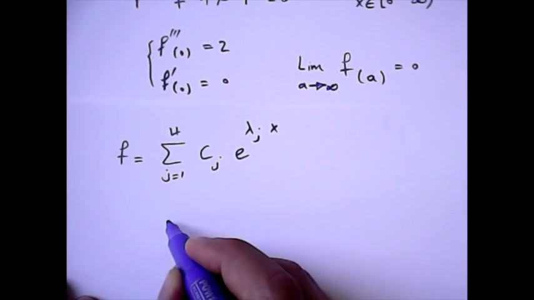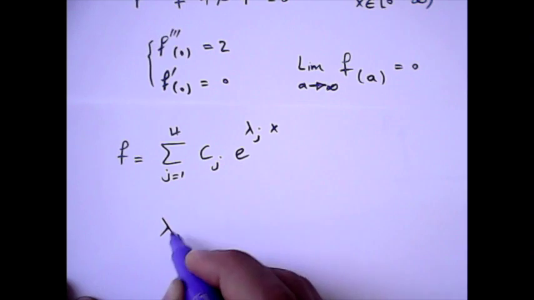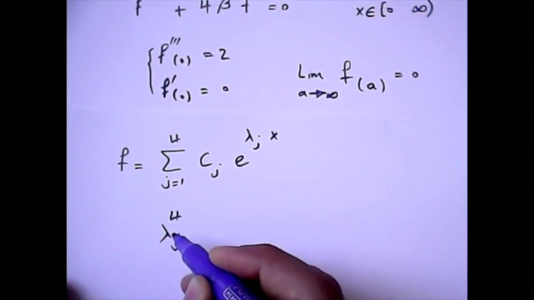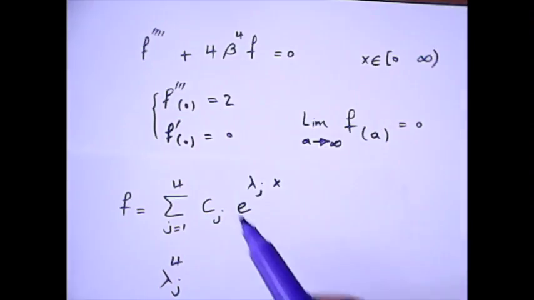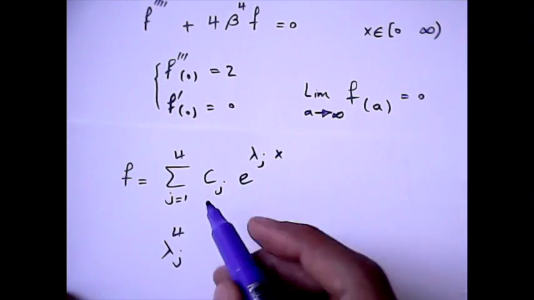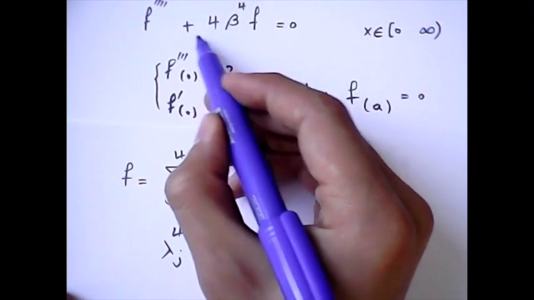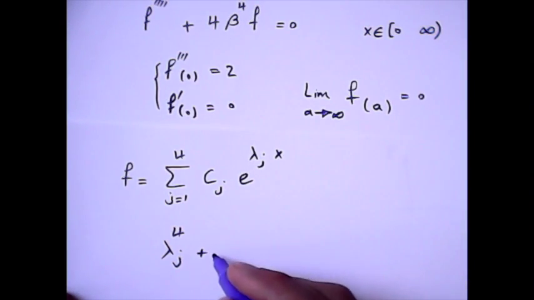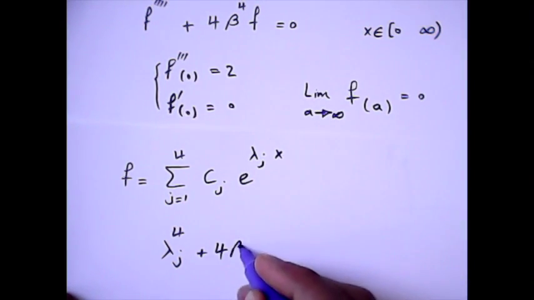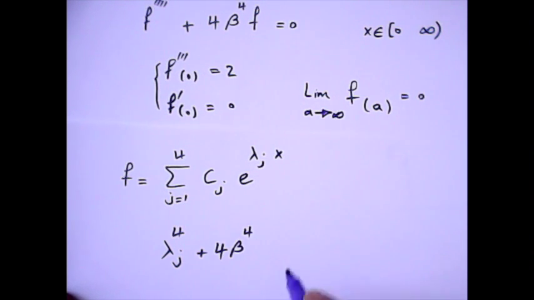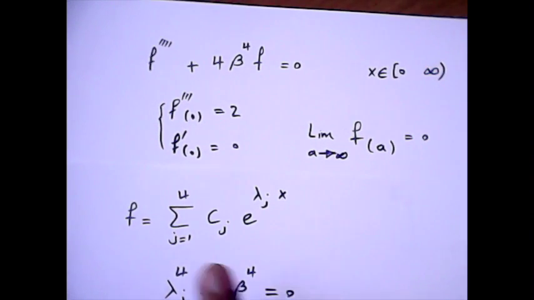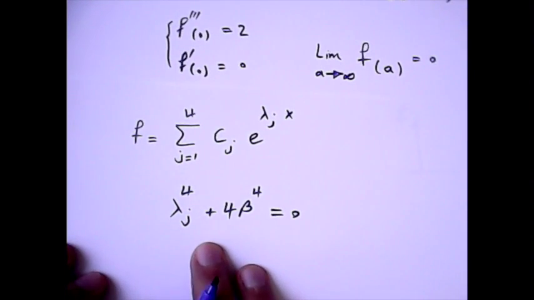We will end up essentially with lambda j to the power 4, because we take the fourth derivative of an exponential function, plus 4 beta to the power 4, equal to 0. Okay, try that yourself. Put f into the differential equation and do the same thing that we did before, and make sure that what I wrote here is correct.